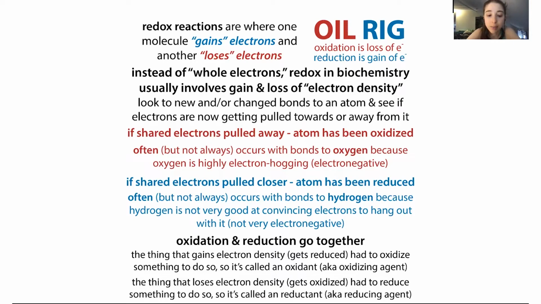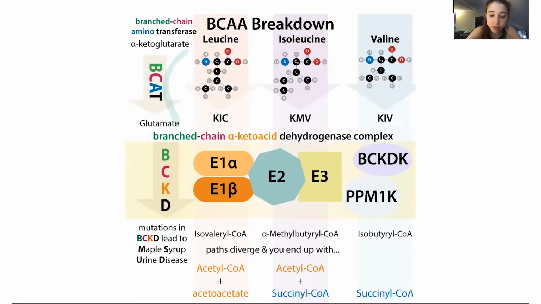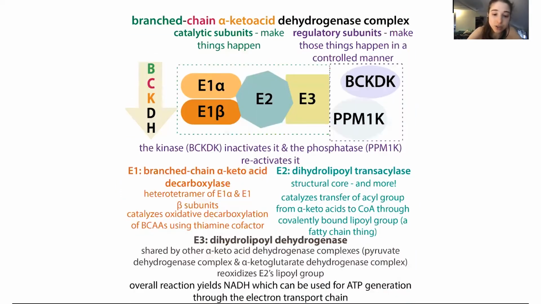So when we're talking about a dehydrogenation, we're going to have an oxidation reaction. We are going to be losing electrons, and the electrons we lose we're going to give to NAD plus, and that's going to make NADH.